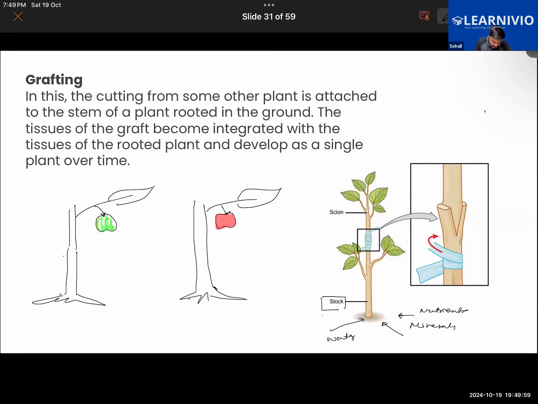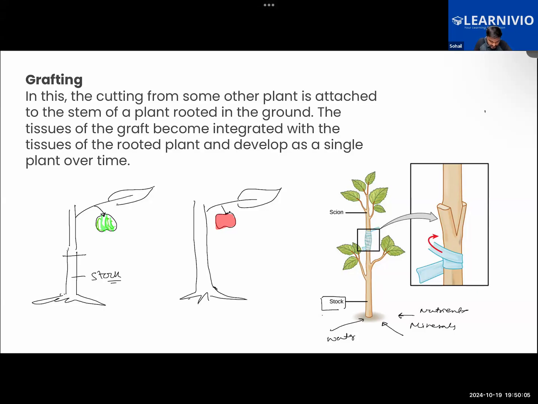Now, when you look at the stalk of this plant, it is a good absorber of water. But when we look at the fruit that is being borne by this plant, it is not red, and neither is it sweet.